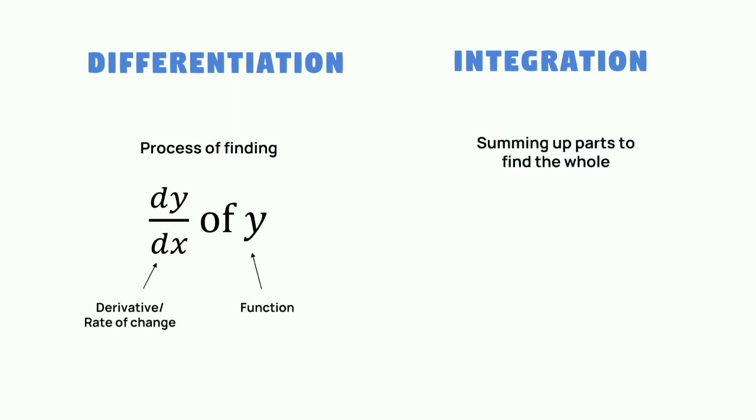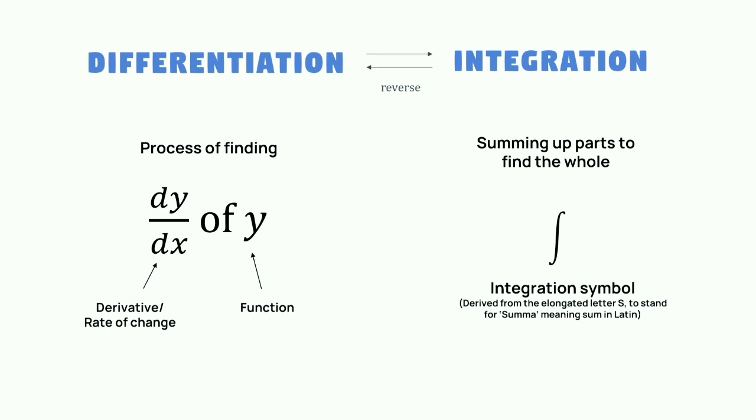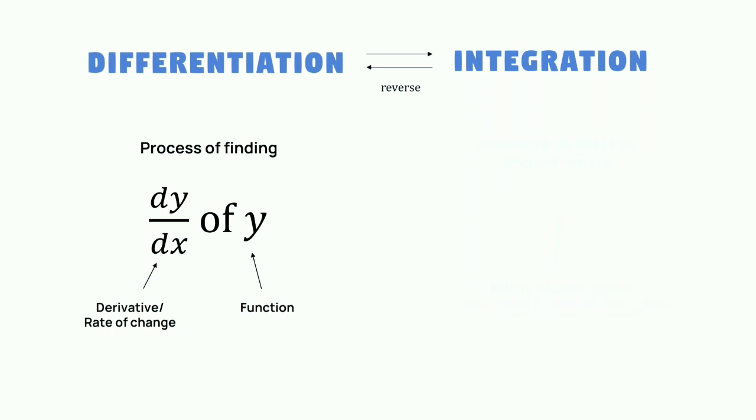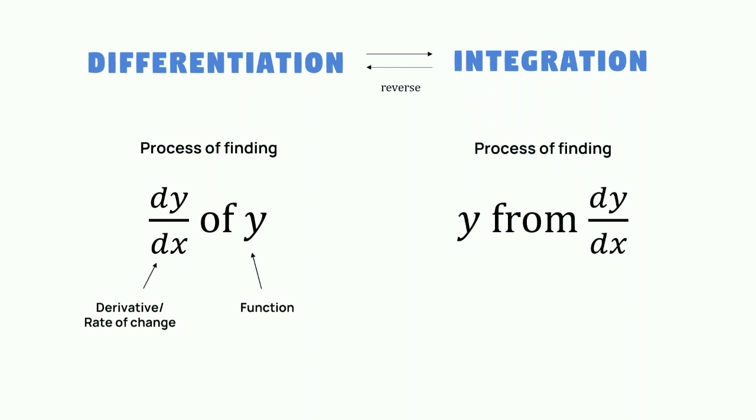In fact, the integration symbol looks like this, and is actually derived from the elongated letter S to stand for summa, meaning sum in Latin. It is a reverse process of differentiation. Unlike differentiation, where we obtain the derivative from a function, instead, we obtain the function from its derivative.